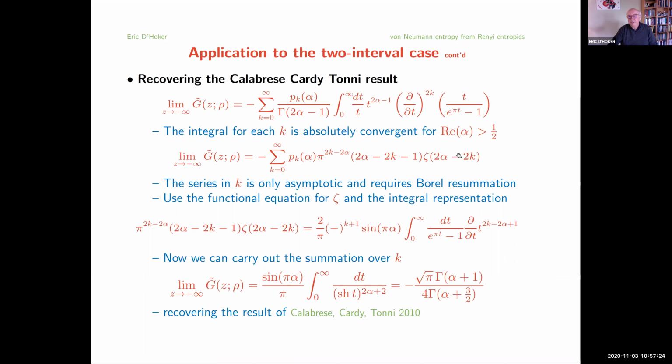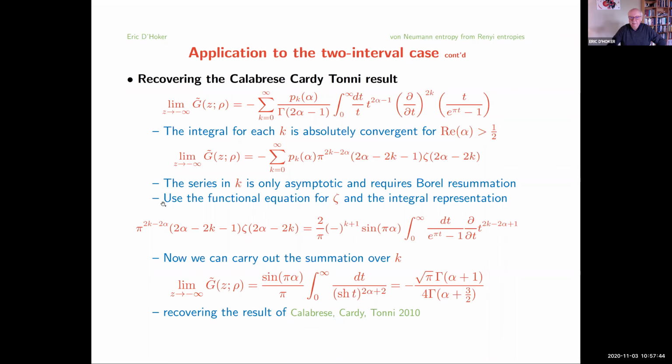Now, this series, unfortunately, is only asymptotic. And so to resum it, you need some kind of Borel resummation. We believe there's probably a way of getting around this, and we're working on that. But for the moment, that's what we have.